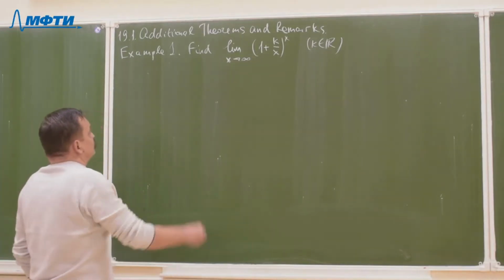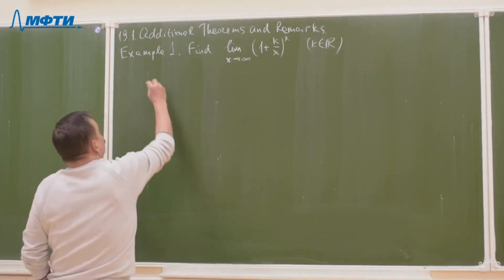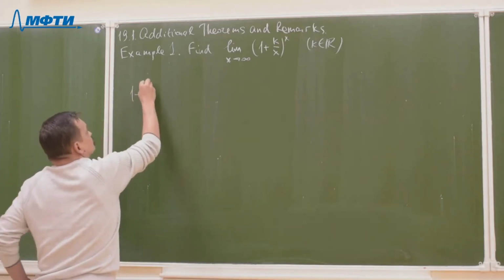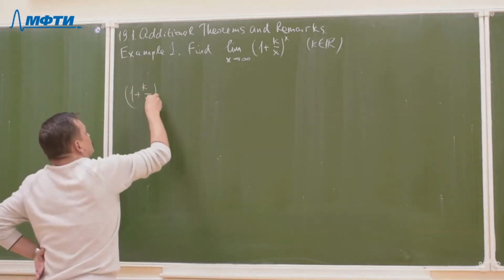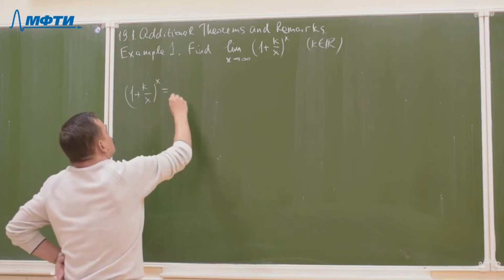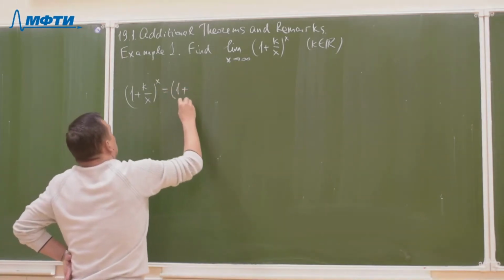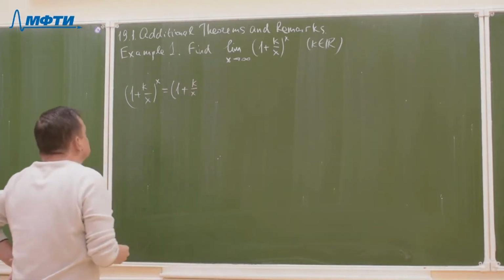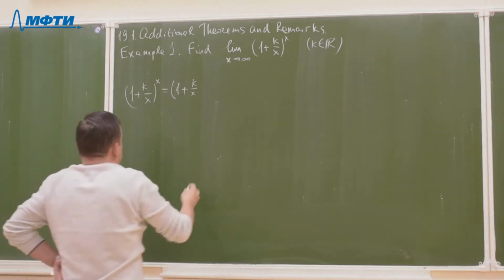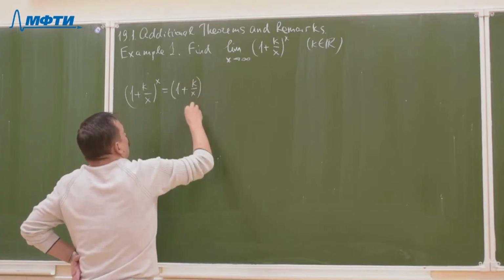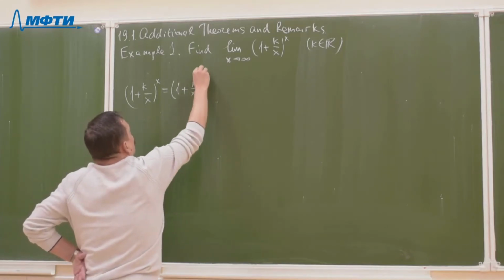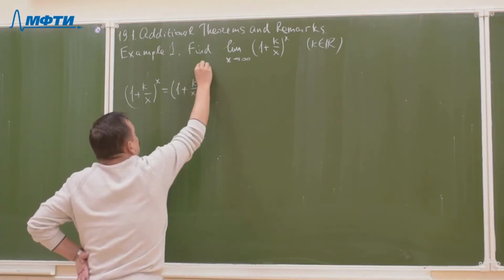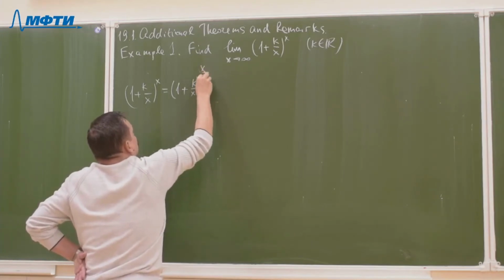I'll rewrite it as (1 plus k over x) power x over k times k.